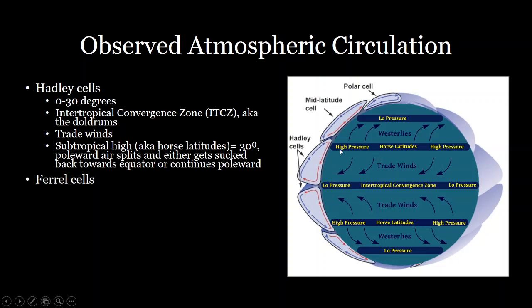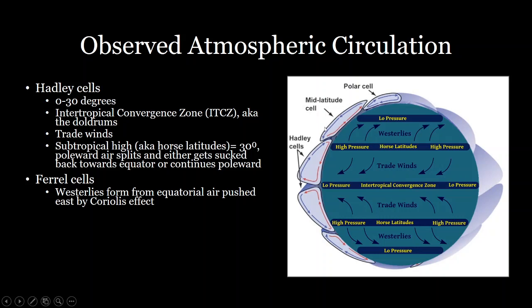Above that subtropical high, we have the Ferrel cell, the mid-latitude cell here, which extends from 30 degrees latitude to 60 degrees latitude in both hemispheres. In that cell, you have strong westerly winds.